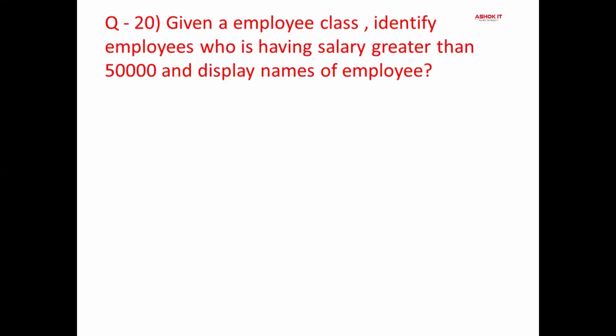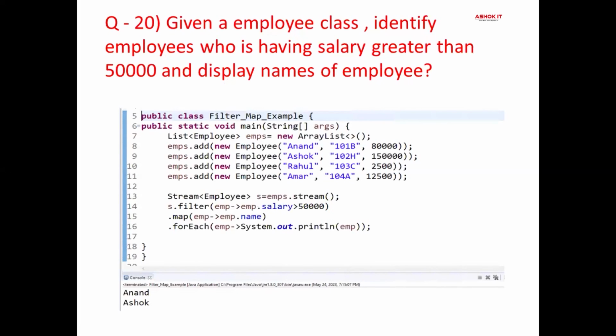Question number 20. Given an employee class, identify employees who have salary greater than 50,000, and we want to display the names of those employees. Not all details, we just want to display their names. Here in this example, we need to use the filter as well as the map method. Filter method is used for filtering the data, and map is used for transforming the data.